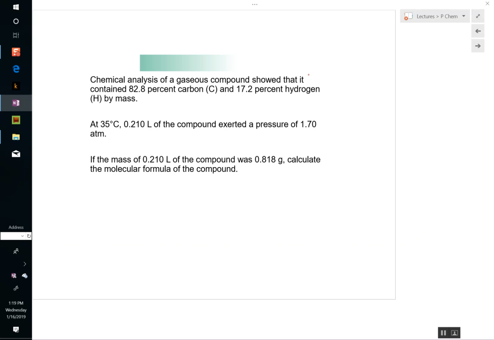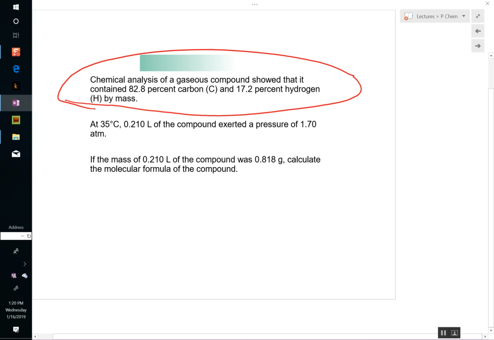If the mass of the gas at this volume was 0.818 grams, you know the moles from the ideal gas law, assuming ideal behavior. Calculate the molecular formula. Why don't you take a minute right now, think about just this information, and how to calculate the empirical formula.